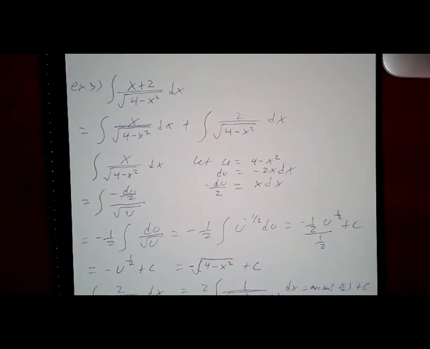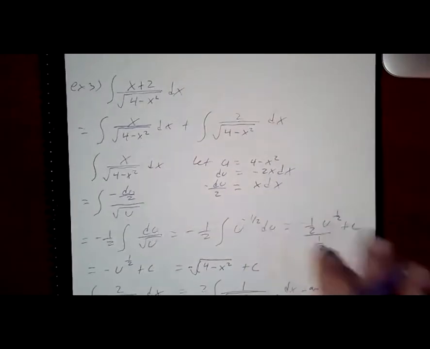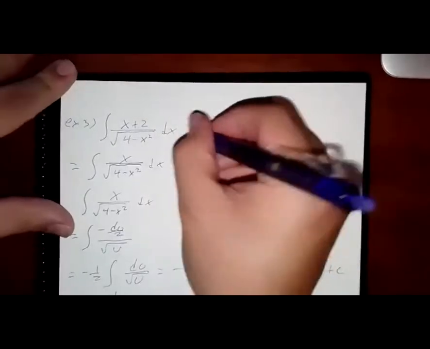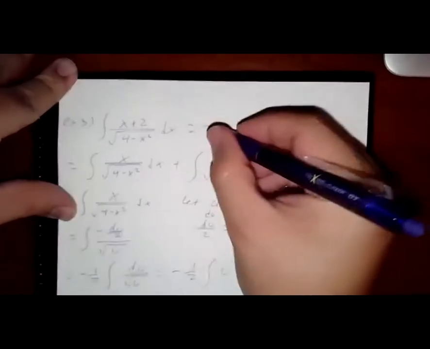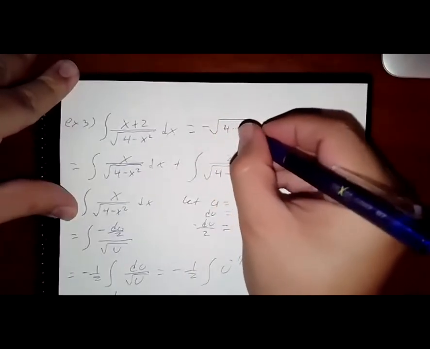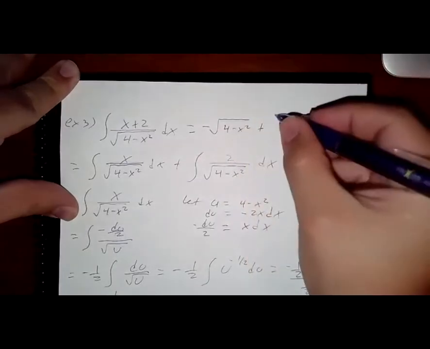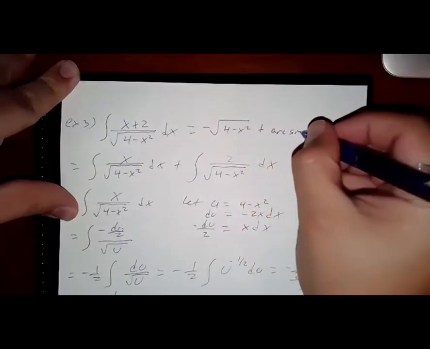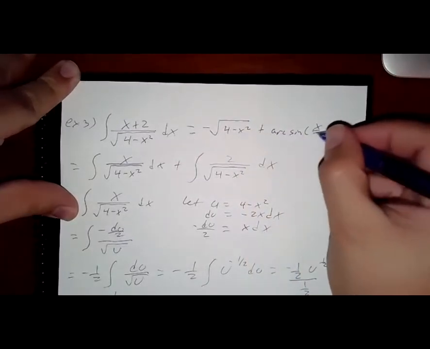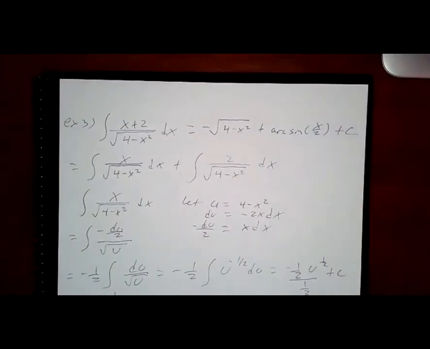So our final answer, go back to the top here. This answer will be negative square root 4 minus x squared plus arc sine of x over 2 plus c.